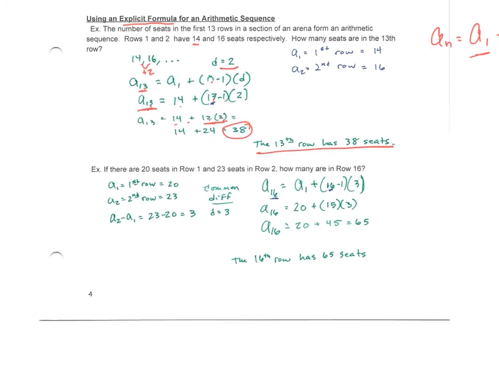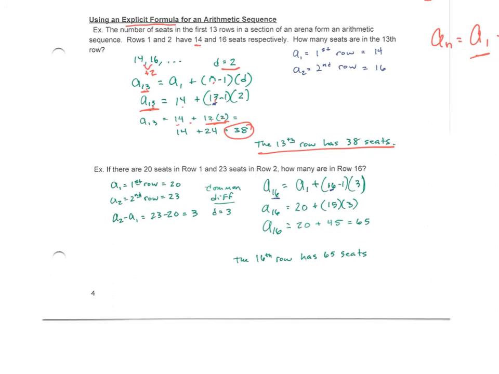And finally, this last example: if there are 20 seats in row 1 and 23 seats in row 2, how many are there in row 16? Well, if we know that A1 is 20 and A2 is 23, I can take my second term, 23, and subtract 20 from it.